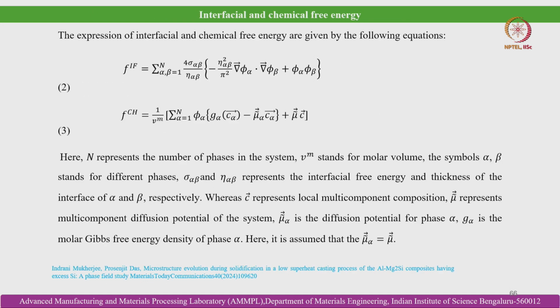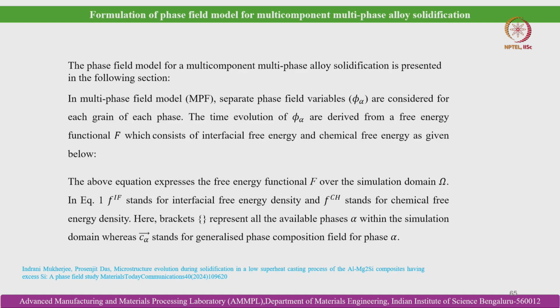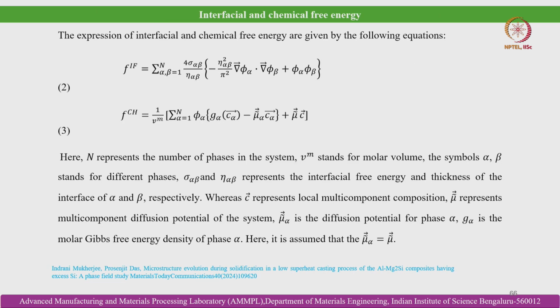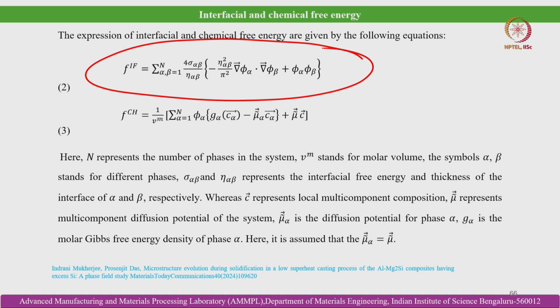The equation is in this slide. You can see the expressions of interfacial and chemical free energy are given by these two expressions. F_IF corresponds to the interfacial free energy, and F_CH corresponds to the chemical free energy. The relevant expressions are shown here.